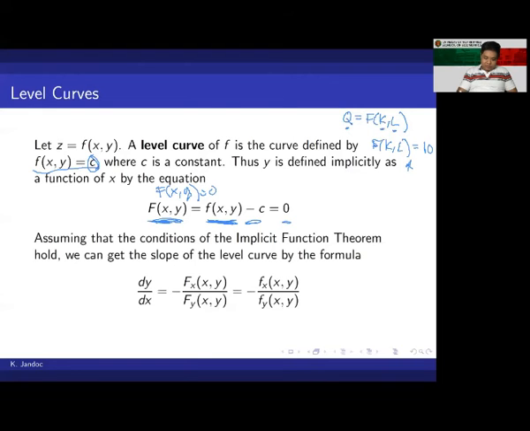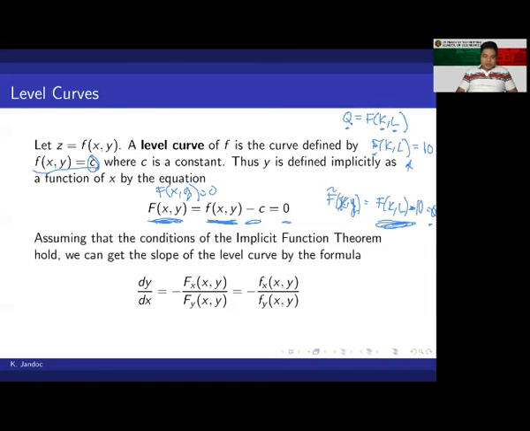Unfortunately, I have a capital F over here, so we can say F tilde (x, y) is the implicit function, f(K, L) minus 10 equals 0. Sorry about that, the capital F here may be a source of confusion. But the bottom line is you can define this as an implicit function this way. Just move negative 10 to the left hand side, and now you have an implicit function that's equal to 0. So that's an example.